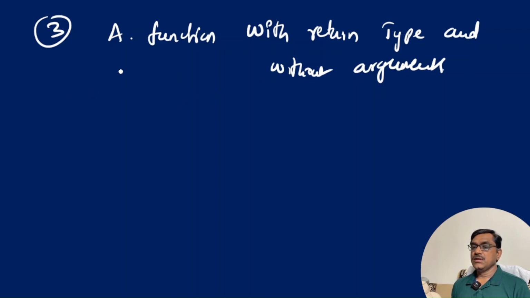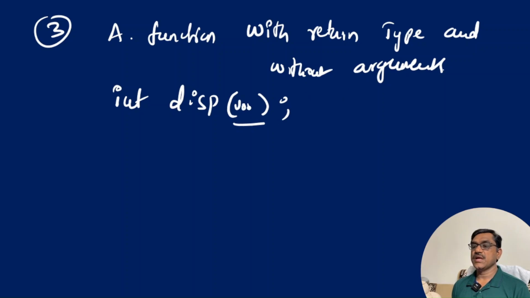Here I am giving one example of a function with a return type. Assume that I am writing int as the return type, and the name of the function is display, and without arguments. I am not mentioning any arguments. This is empty, or we can write it as void. So this is a user defined function with a return type and without arguments.